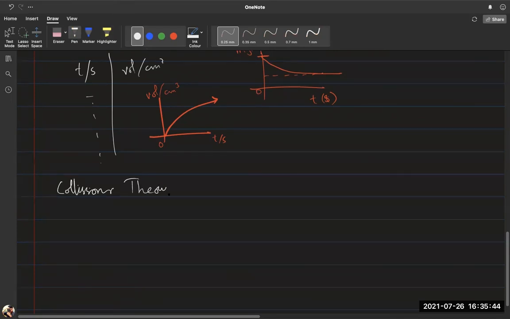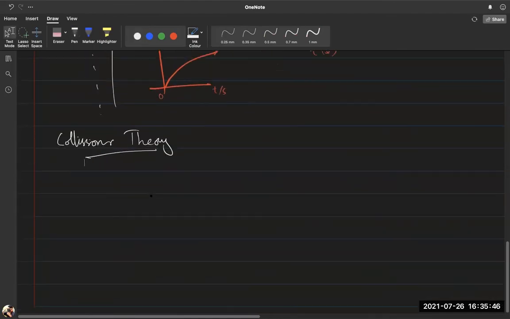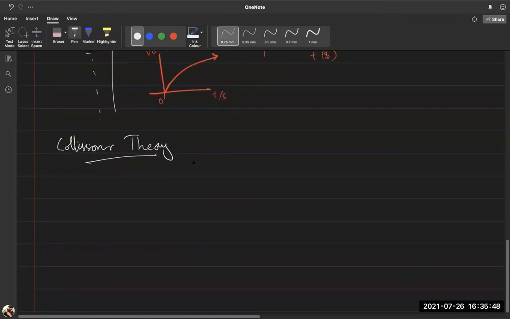What collision theory says is that first of all, you have any equation, you will have reactants and you will have products. Reactants will change and make products. These reactant particles are going to collide with each other, and when they collide, if that collision is strong enough, then they will make products.